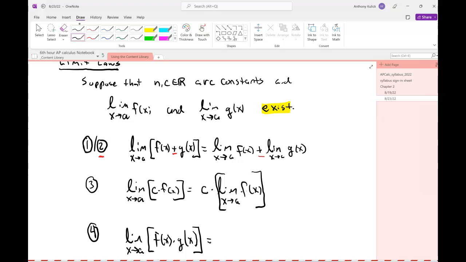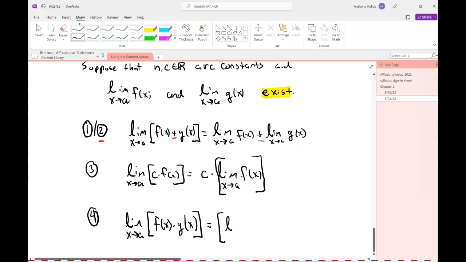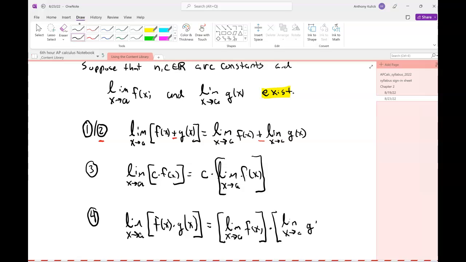So the limit as x approaches a of f of x times g of x, you can do again as two separate limits and multiply your answer.